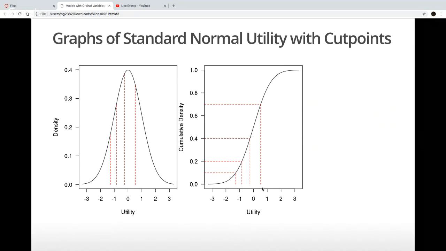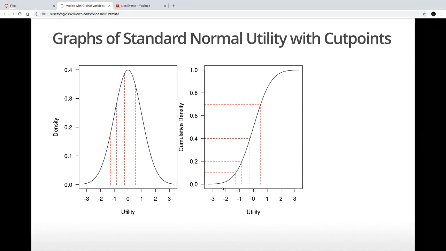Once I have those cut points, I can fill in the rest of the code for drawing from the prior predictive distribution. But this is an idea that may be unfamiliar if you haven't worked much with these models before, particularly in Stan.